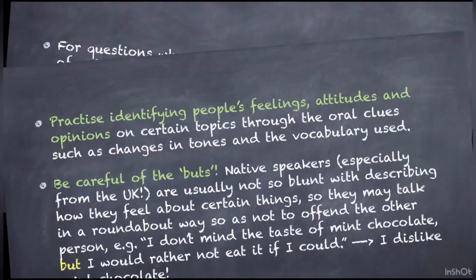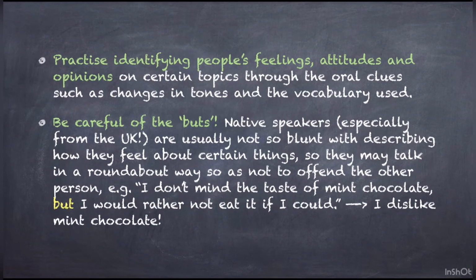You also need to practice identifying people's feelings, attitudes, and opinions on certain topics through the oral clues. When we speak, we give clues to our feelings through the highs and lows of our tones.